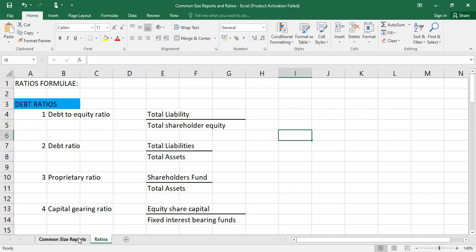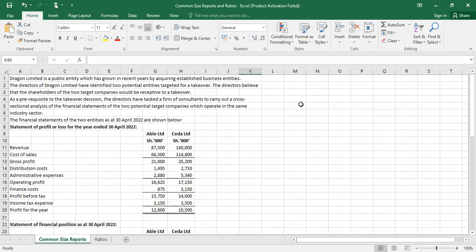The common size reports and the ratios are what in accounting we call methods of financial statements analysis. They are methods of analyzing financial statements.